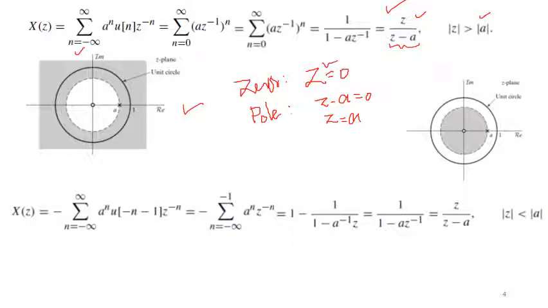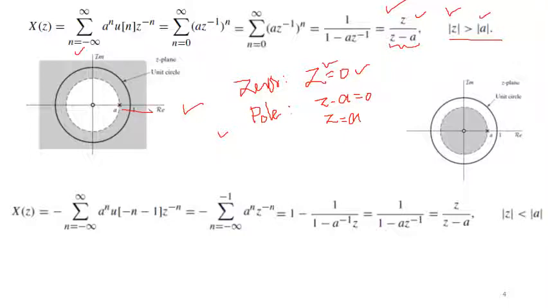For example, we just assume that the value of a is between 0 and 1, so let's take this one. You understand that we represent the pole by a cross, so I will write a cross here, which is already written here, and we have only one zero at 0, so we just mark it here. Okay, so the region of convergence for this will be the values where absolute z is greater than absolute a, so that means outside this.